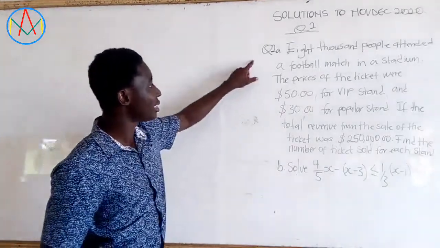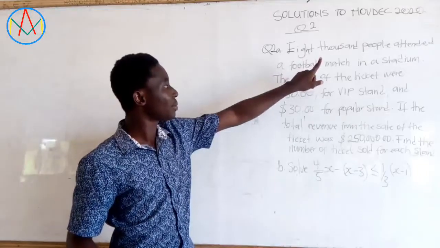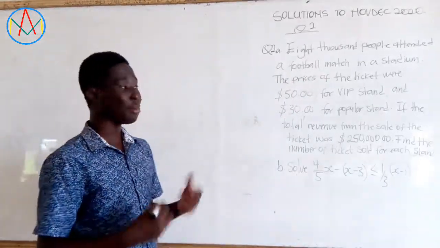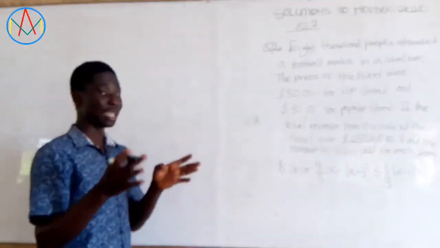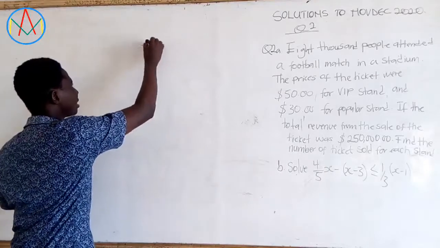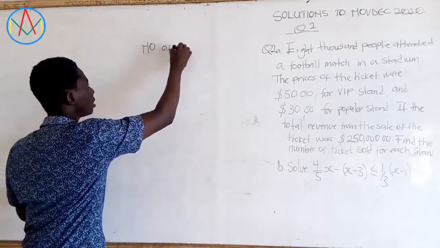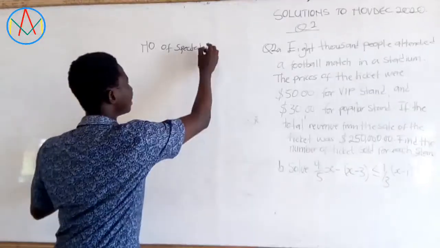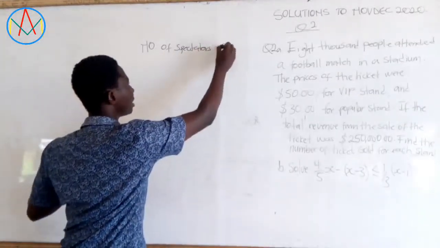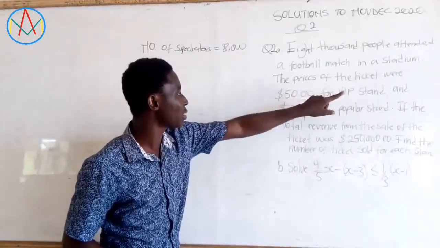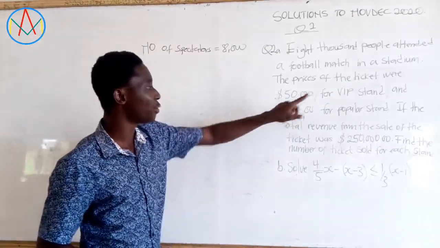So the question is 8,000 people attended a football match in the stadium. So that means the number of spectators over there was 8,000. The prices of the tickets were $50 for VIP stand.